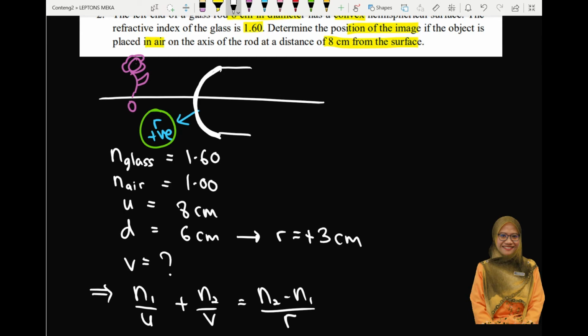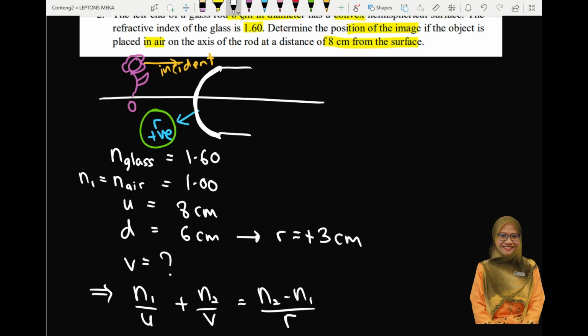That means your N1 stands for the refractive index of air, because N1 represents your incident ray. The incident ray comes from the object, so the incident occurs in the air, and N1 is for the air.